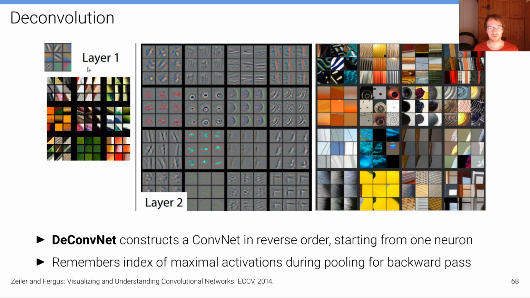So these results are sorted by layer. You can see that in the first layer, as we've seen previously, there are very simple edges that the network attends to. Then in the second layer, we already see certain parts of objects appearing.